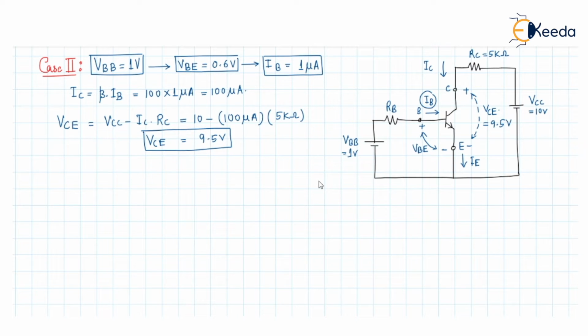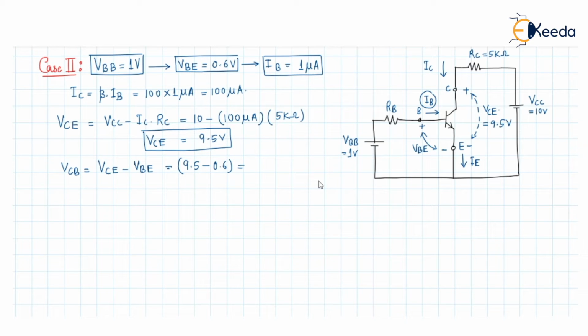Since VCE is 9.5 volt, we can also find the value of VCB as VCE minus VBE. VCE value is 9.5 and VBE value is 0.6.